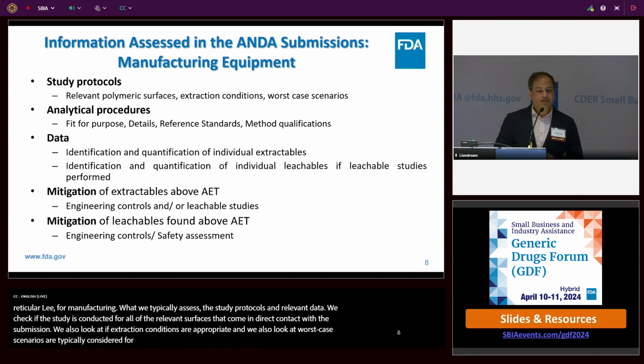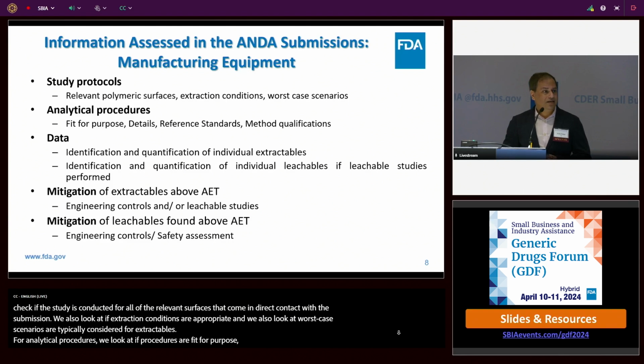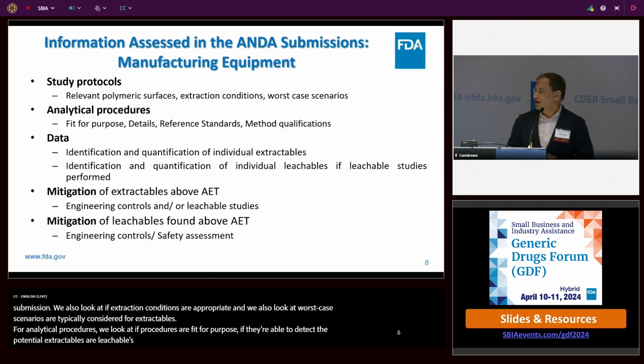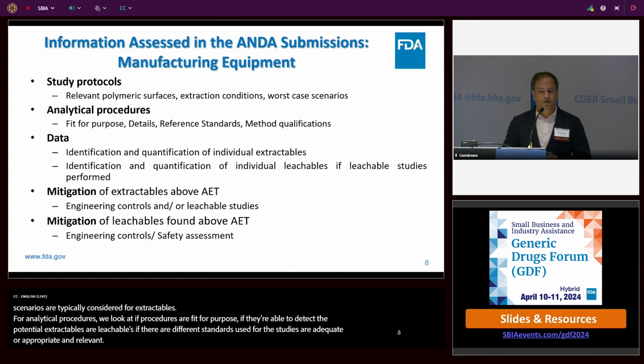For the analytical procedures, we look at if the procedures are fit for purpose, if they are able to detect the potential extractables or leachables, and if the reference standards used for these studies are adequate and relevant. And then we also look for any method qualification reports provided for these analytical procedures.